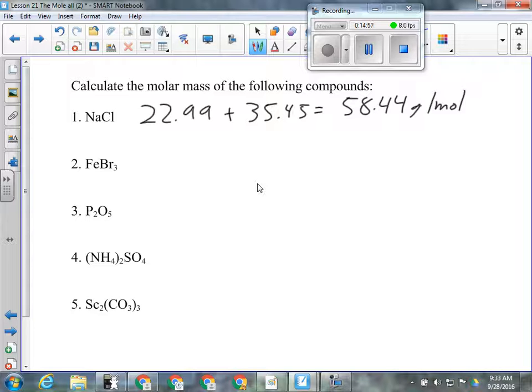All right, and let's look at iron 3 bromide here. Iron's like 58 point something, right? 55.85. How many irons do I have? There's no difference in the ions, because the difference of one electron you're never going to be able to measure.